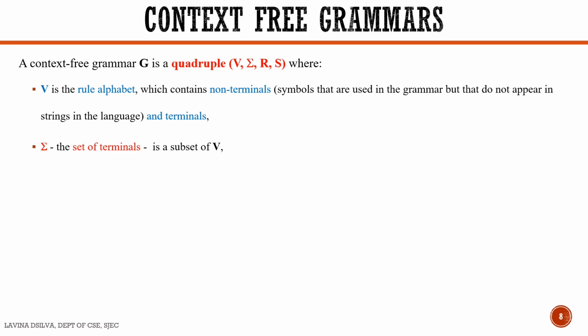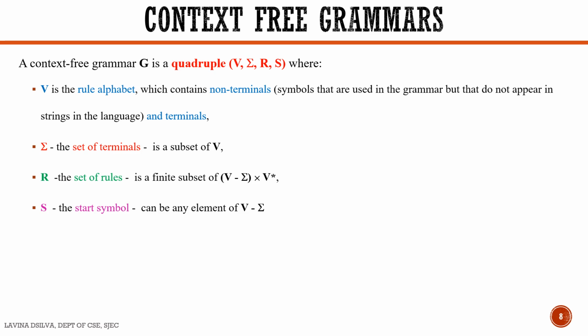The second component is sigma, a set of terminals, and it is actually a subset of V. The third component is the set of rules. The set of rules is a finite subset of the format V minus sigma cross V star. And the fourth component is S, the start symbol, which can be any symbol from the set V minus sigma.